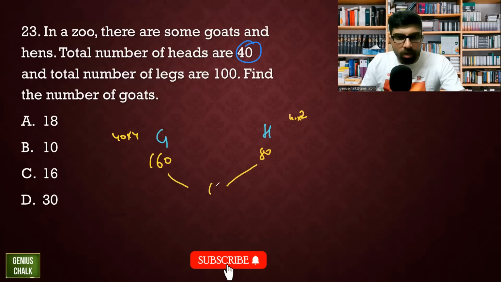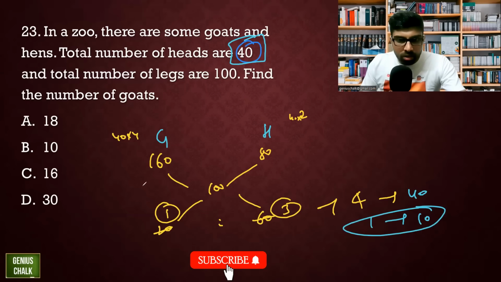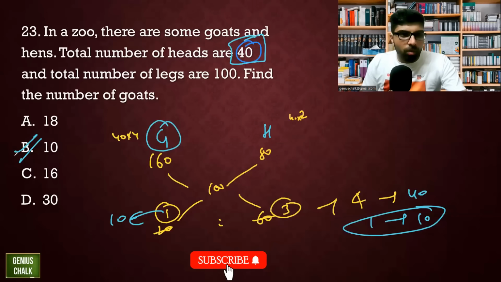But what is the total number of legs? 100. Apply alligation. It is 20, it is 60, it is 1:3. So 1:3 means total is 4. 4 means total number of heads, total number of hens and goats. So 4 is 40, so 1 is 10, and this 1 denotes goat, so the value is 10, and that is only asked. That is option B, right? So this is how we can solve this question.